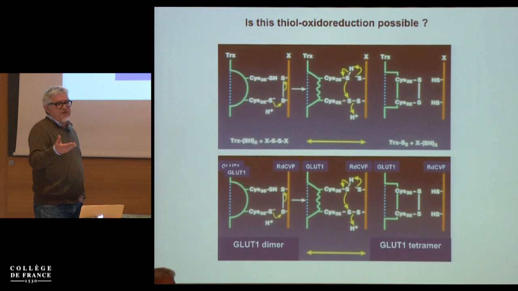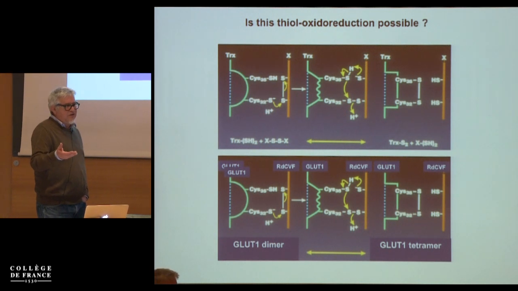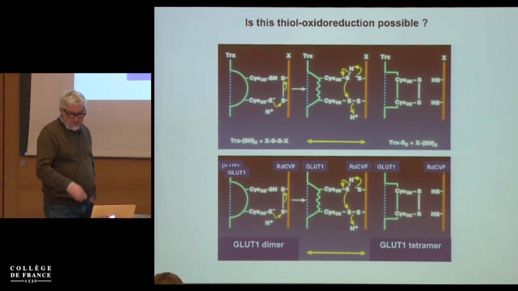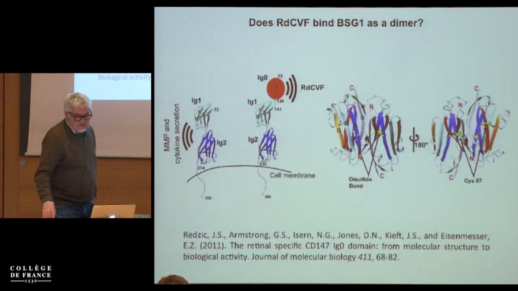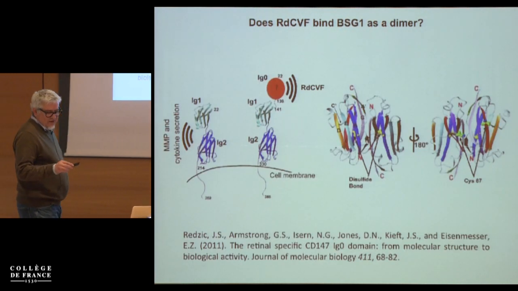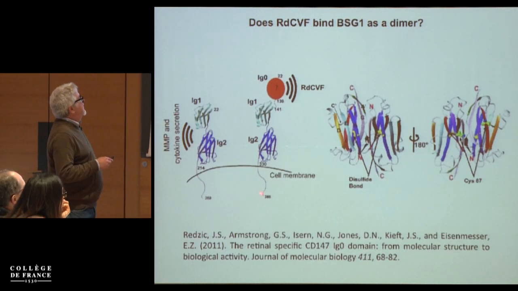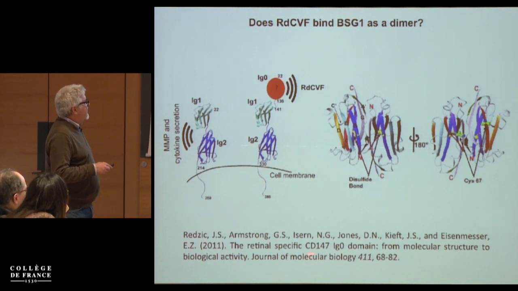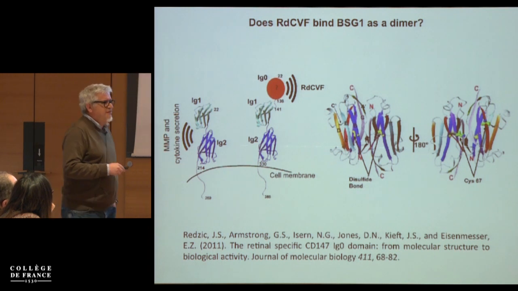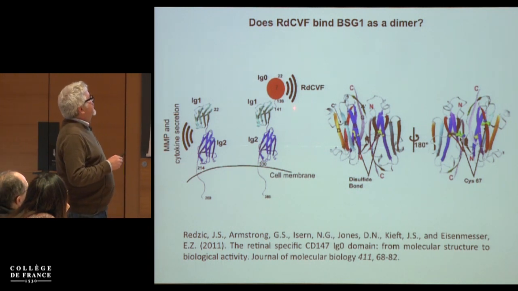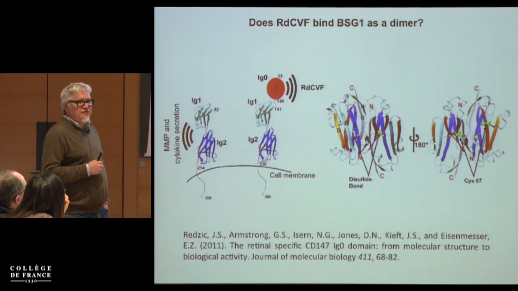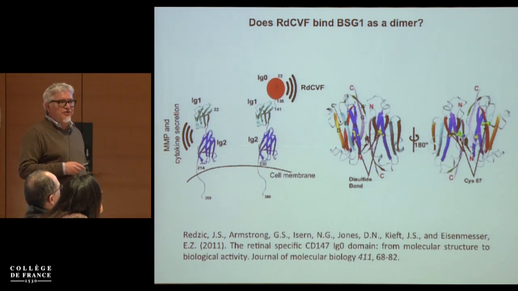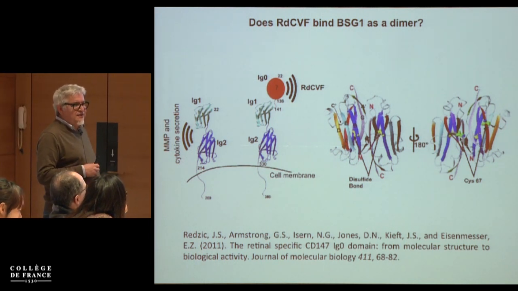So RDCVF will be an allosteric regulator of GLUT1 through its binding to Basigin 1. I just add one last thing on this hypothesis: Redzik and Eisenmazer, University of Colorado, basically made the crystal structure of the IG0 domain, which is the binding site for RDCVF.